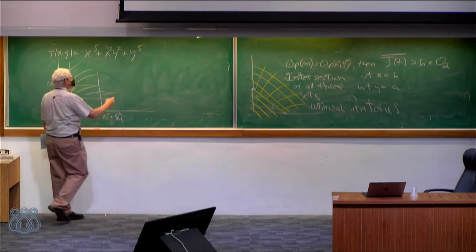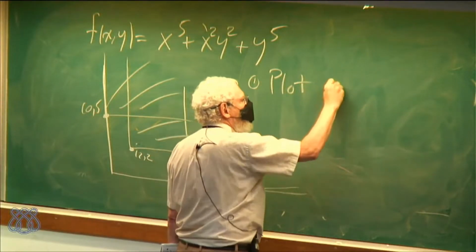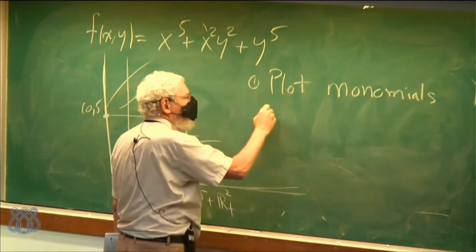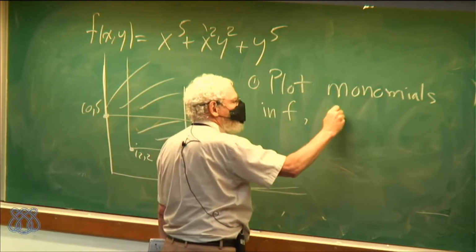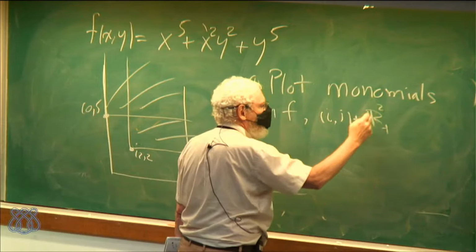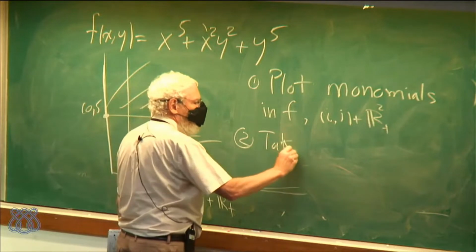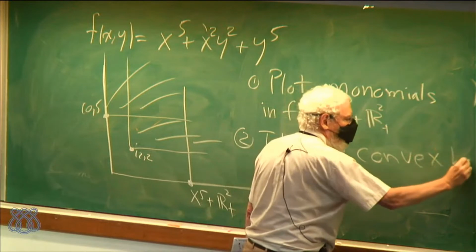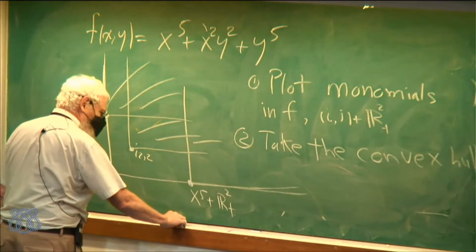So in our construction, we first plot monomials in F. So we get the monomials plus R2 plus, or in general, it's Rn plus. And then we take the convex hull. And then if I do that, I get something that looks like this.